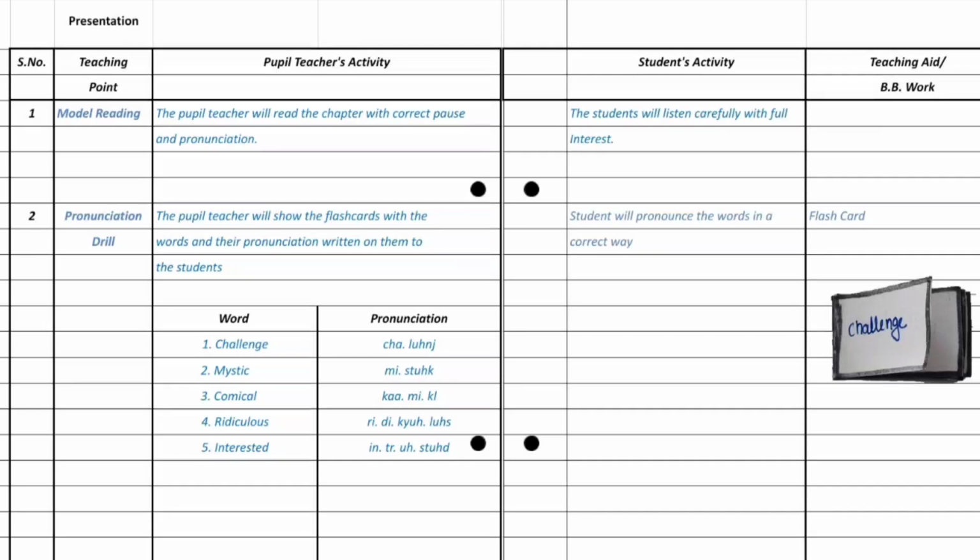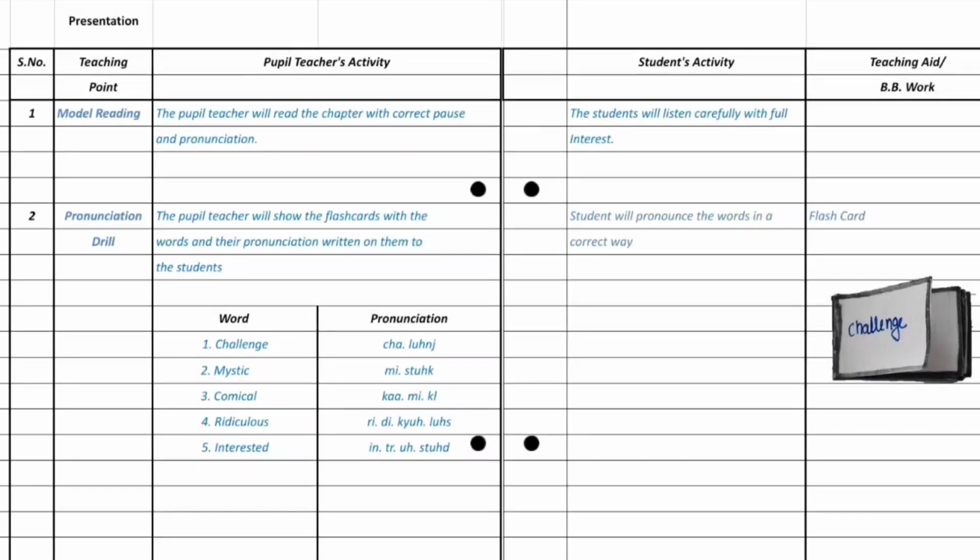The first column on the left punch sheet will be of serial number, the second will be of teaching point, the third will be of pupil teacher's activity, and on the right punch sheet the first column will be of students activity and the second column will be of teaching aid / blackboard work. Here you can make one more column if you want for writing the method used before the column of the teaching aid / blackboard work, but it's not necessary to make it.